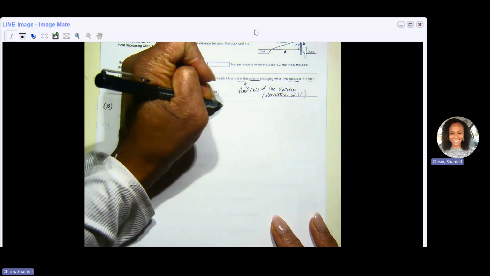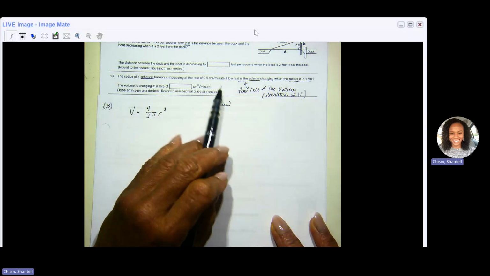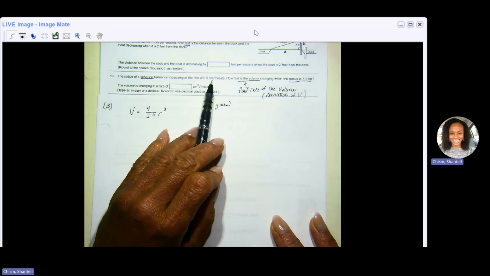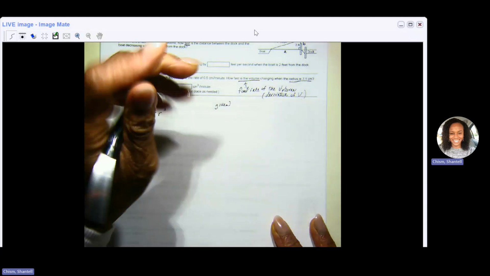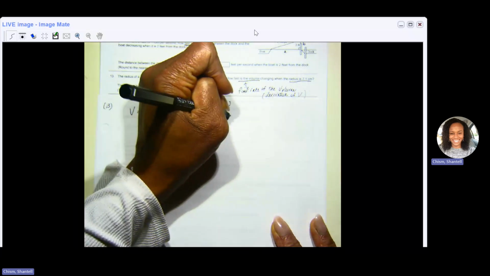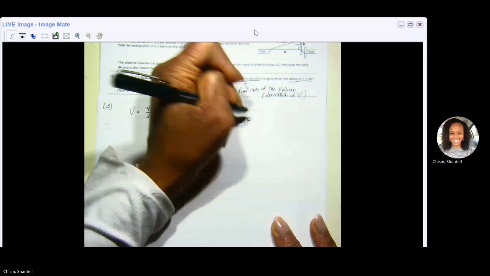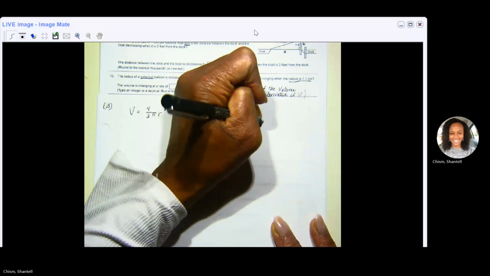And let's see what we're given. Given the radius, keeping in mind this is with respect to time, 0.6 centimeters per minute. So given the rate of the radius, that would be dr with respect to time, dr over dt, which is 0.6 centimeters per minute.